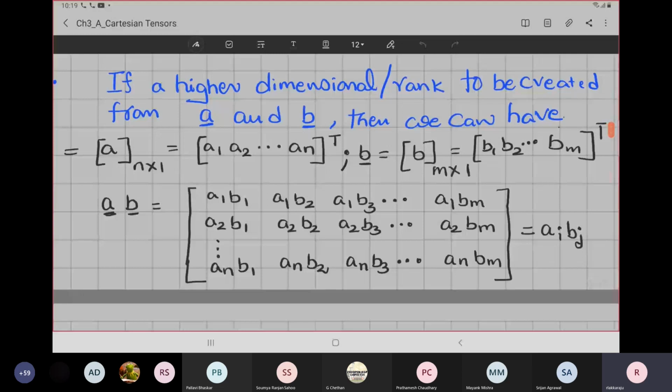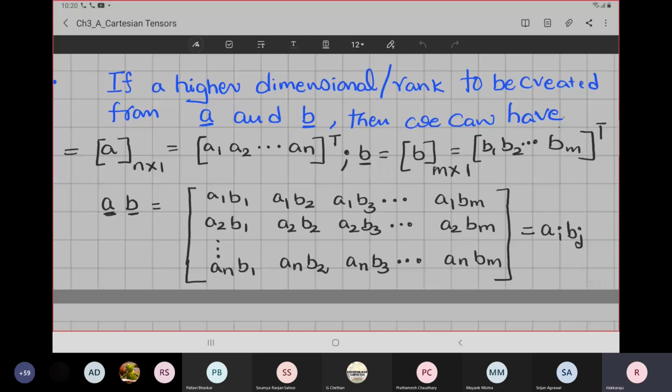So A2 B1, A2 B2, A2 B3, and so on, A2 Bm. Further increase the index of I. So it goes all the way to AN B1, AN B2, AN B3, and so on, AN Bm. This is one kind of product we can get. This is the biggest product one can get from n by 1 and m by 1 vectors.